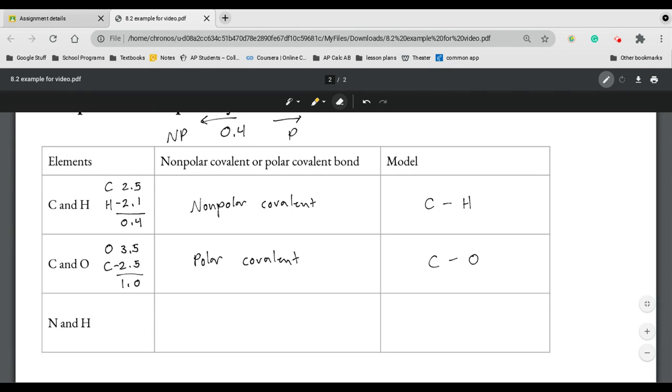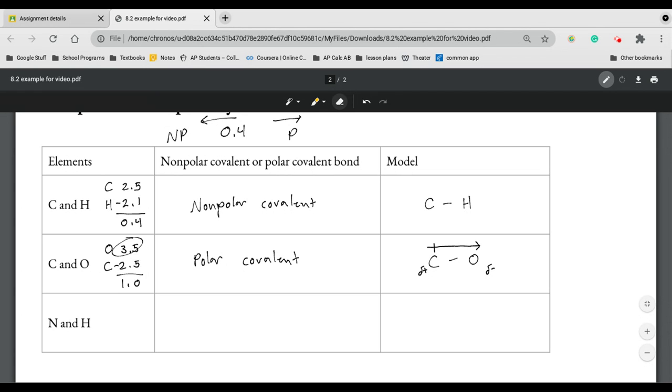But now we have to add the dipole arrows and deltas. Since oxygen is the more electronegative element, it's going to get the negative delta, and then carbon the positive delta. And the arrow will point to the more electronegative oxygen with a little plus atop of carbon.